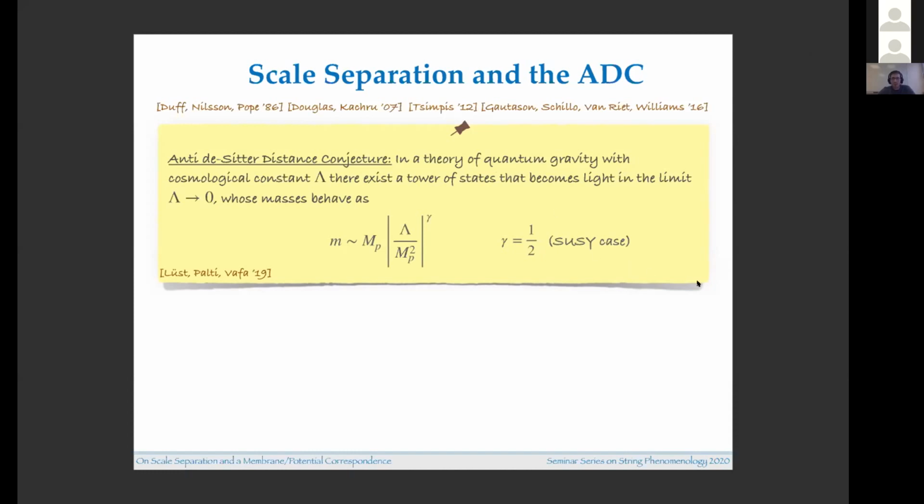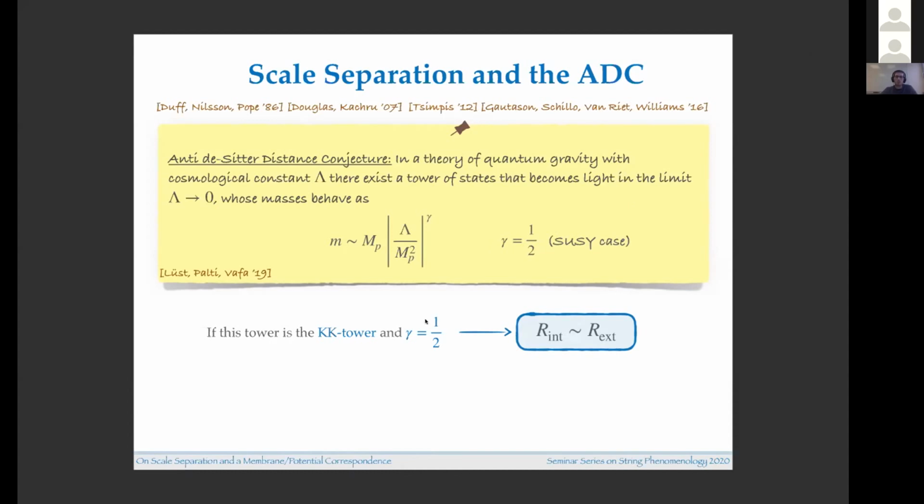And basically, what this implies is that if this tower is the KK tower, which is the typical thing, at least in all the examples that we will study here, this coefficient gamma being equal to 1/2 implies that there is actually no scale separation.